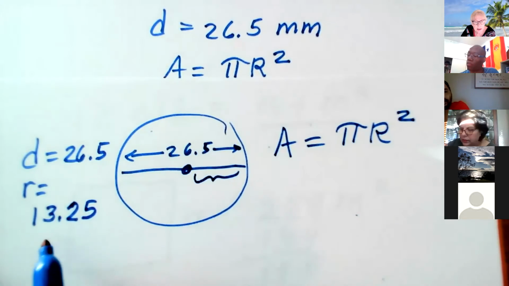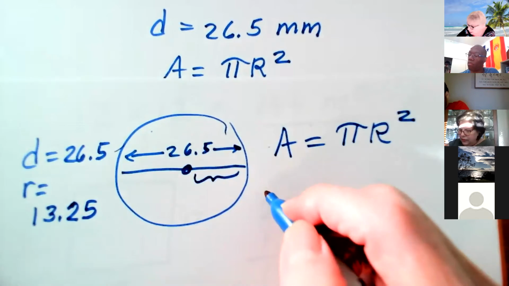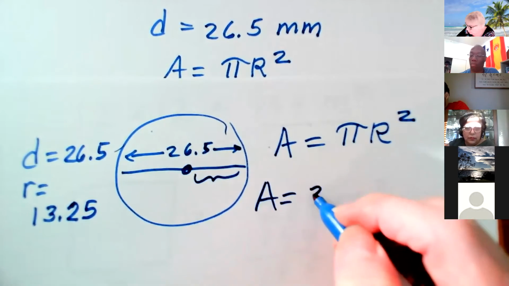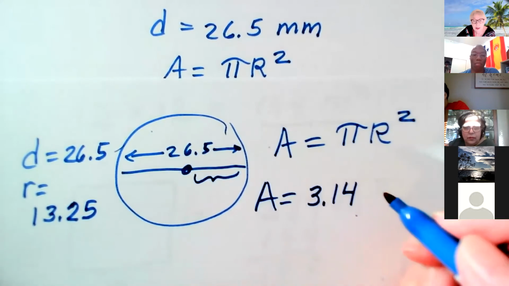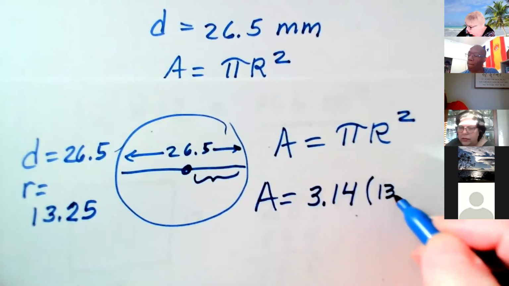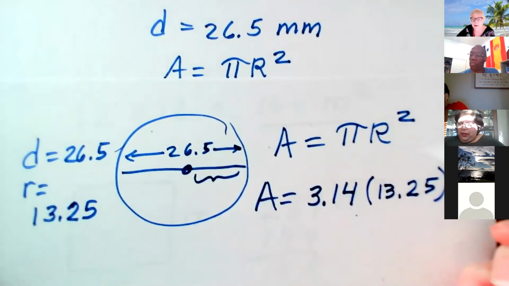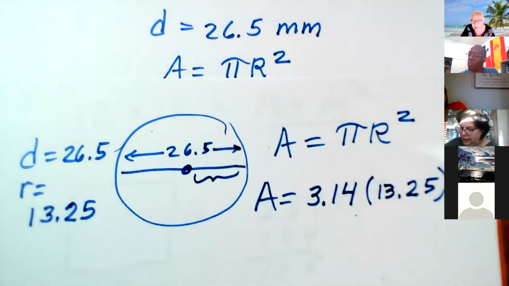Half of 26 is 13, half of 50 is 0.25. I wouldn't fault you for using a calculator. 3.14 multiplied by 13.25 quantity squared.